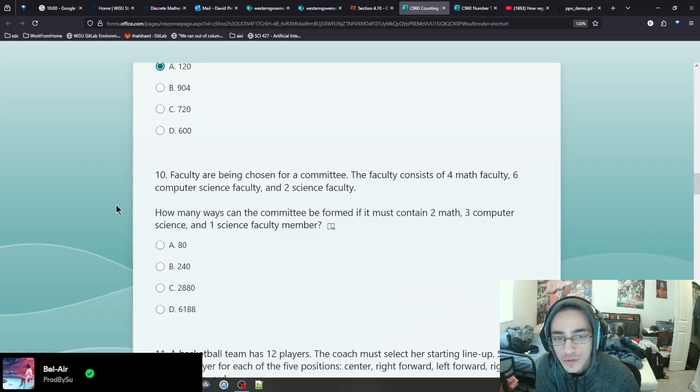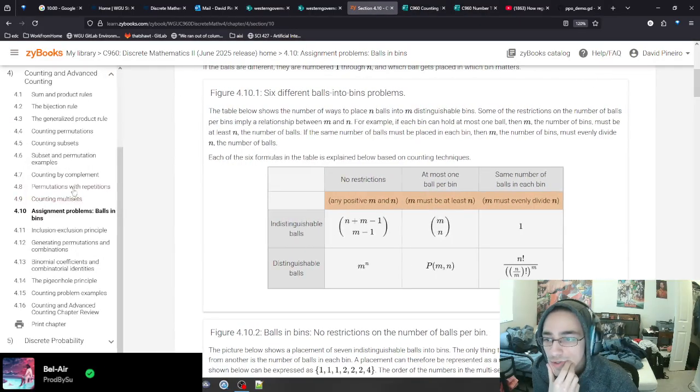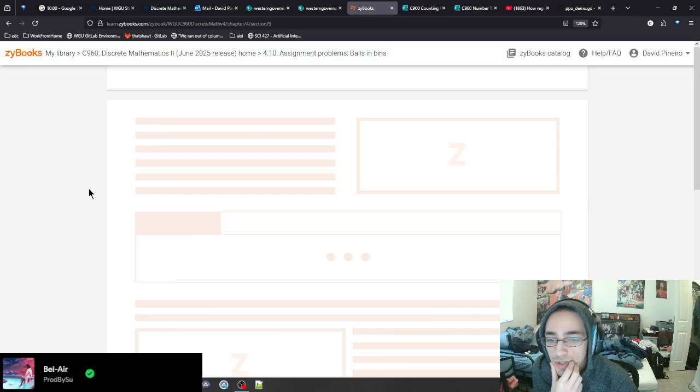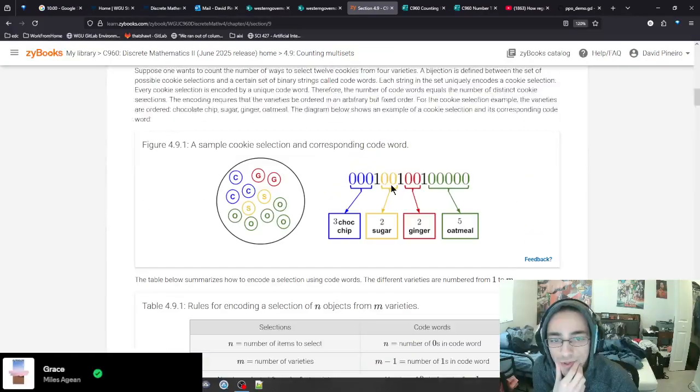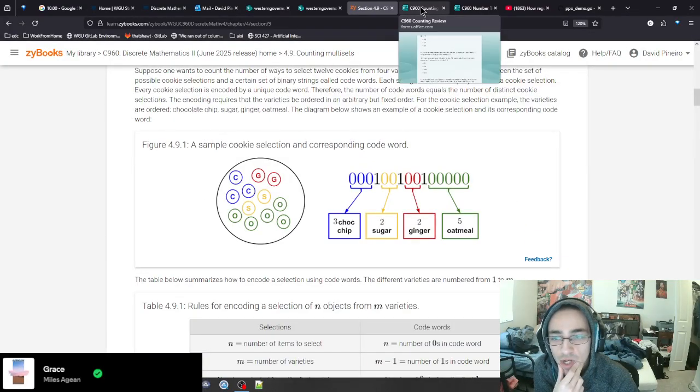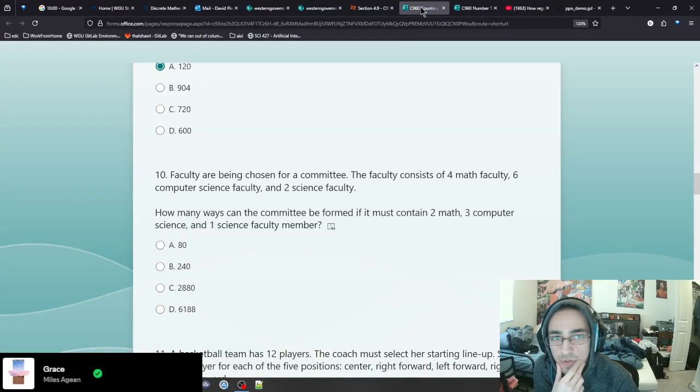The code words. Yes. Okay, so we can probably do the code word thing. Remember this? This one, right? Multi-sets. Code words. I'm gonna try to do a code word count using that.